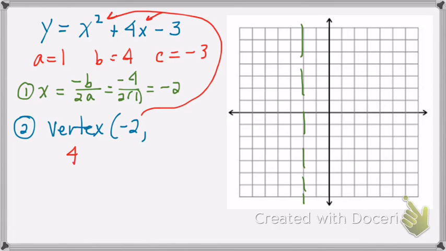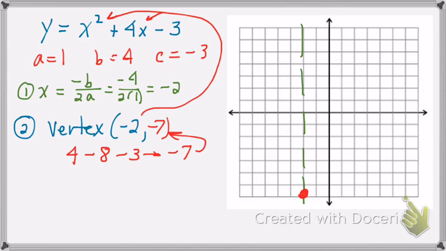Negative 2 squared is 4. Then 4 times negative 2 is negative 8, and then subtract 3. That would be negative 4 minus 3, negative 7. So the vertex is at negative 2, negative 7, and I plot it right there.